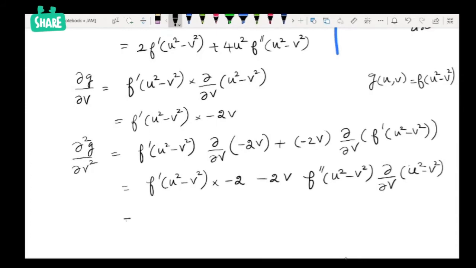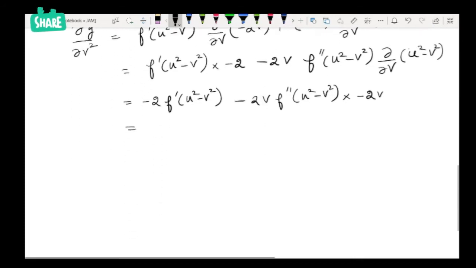We will get minus 2f dash of u square minus v square minus 2v f double dash of u square minus v square times minus 2v. So it will become minus 2f dash of u square minus v square plus 4v square f double dash of u square minus v square.